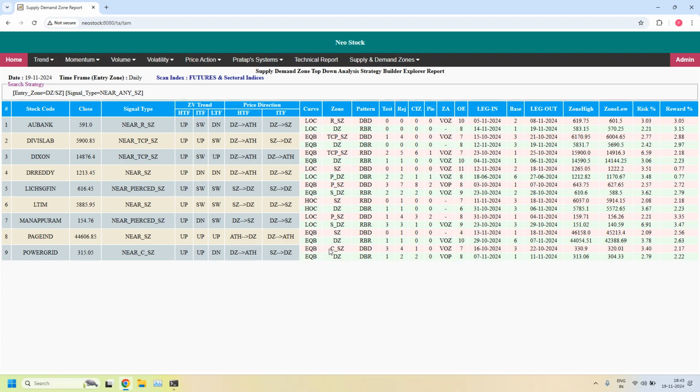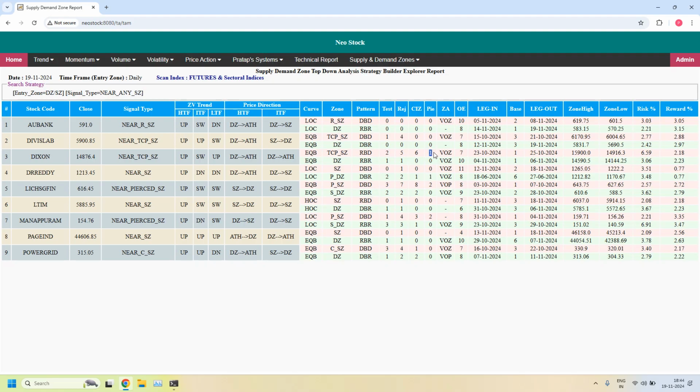And the next one is Power Grid. So total 4 high liquidity supply zones are identified from this daily time frame. Actually 3 only.